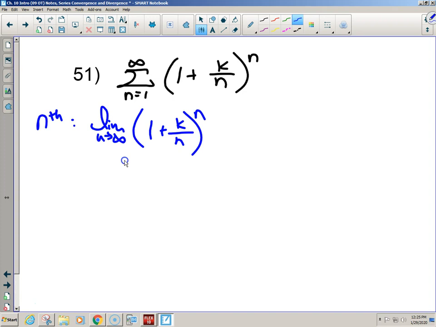N is the guy that I'm focused on. This would be 1 plus a bottom that goes to 0, because that's just some constant, some number, and n is ever increasing. So I have 1 plus 0. What's 1 to the infinity?